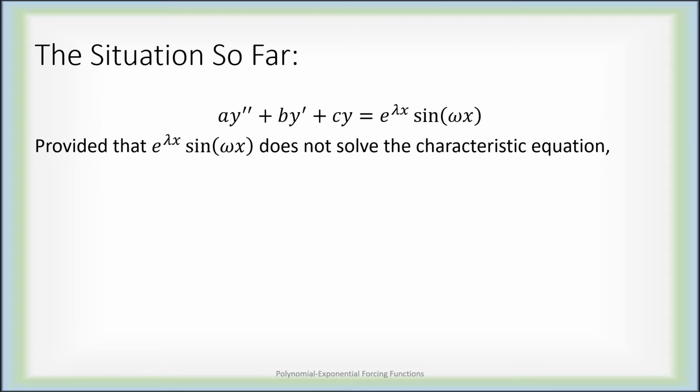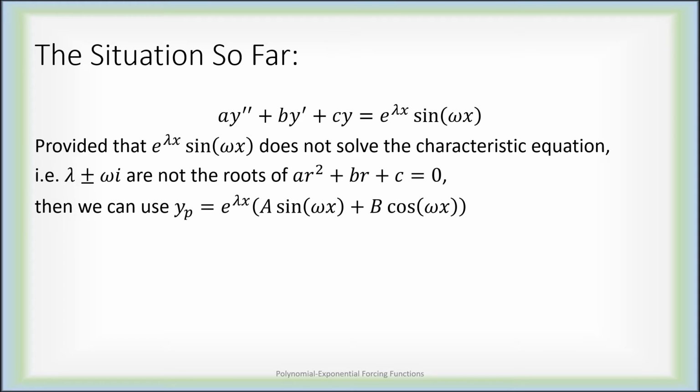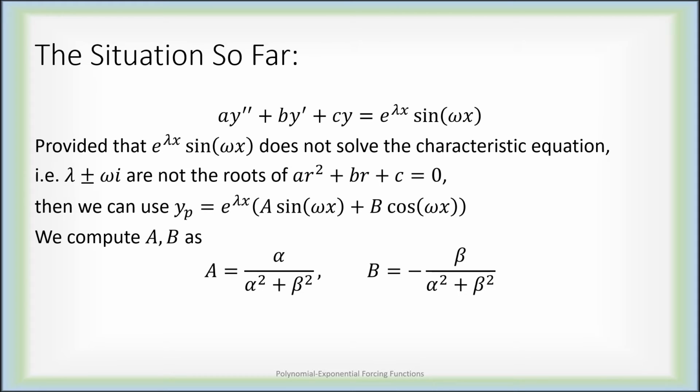Provided that e to the lambda x sine omega x does not solve the characteristic equation, in other words, lambda plus or minus omega i are not the roots of the characteristic polynomial, then the alpha and beta that we would have computed in our other technique will not both be 0. In other words, I can simply set y sub p to be this expression right here, where capital A and capital B are computed in terms of alpha and beta.